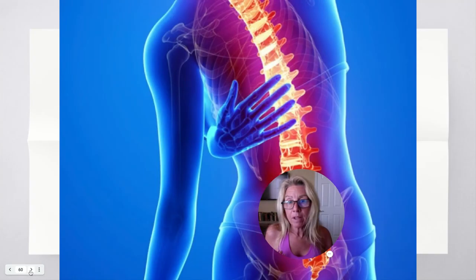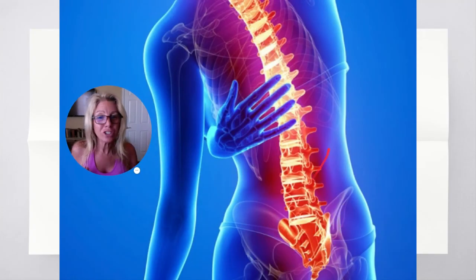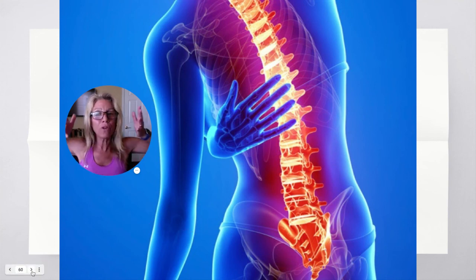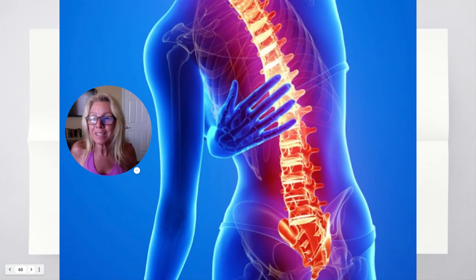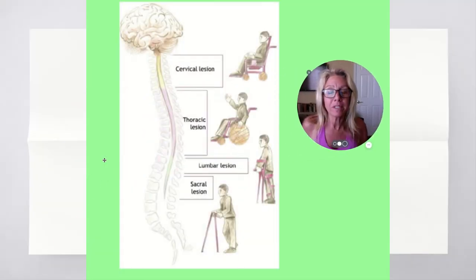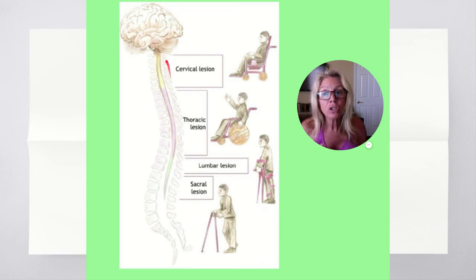All right. And then a common issue is having just a bad back, right? Pain in your lower back. And that has to do with the whole cost of being upright. But if there is damage to your spinal cord, depending on the location and the extent of the damage, what you have as far as loss of function, the higher it is, the closer to your brain, the more loss of function that you have in your body.